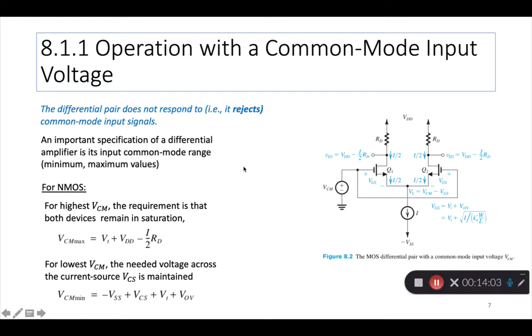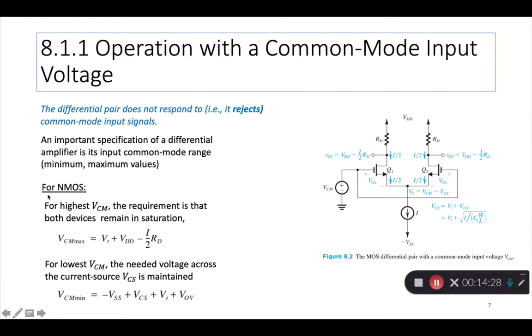So what is that range that it can handle? That range is an important specification. An important specification of a differential amplifier is its input common mode range. That is, what are the minimum and maximum values of the common mode voltage.